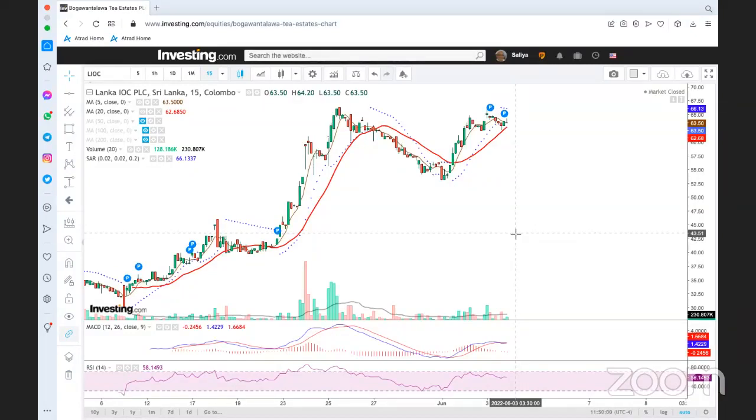one good thing in LIOC is that you have volume, right? So that is important. But then again, wherever you're collecting stocks, you need to be mindful of the volumes you are taking, because you don't want to get caught and stuck with volume. So you need to understand how much to buy so you can exit without getting caught holding it, right?